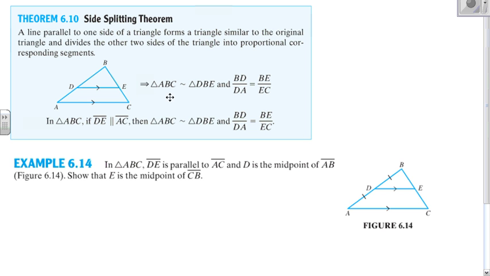But you can take that one step further and just say that the sides are split into proportional segments. So BD to DA equals BE to EC. The sides are split proportionally.